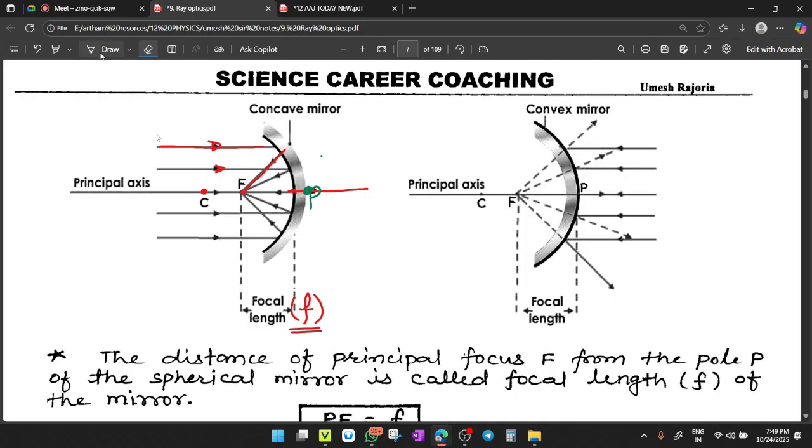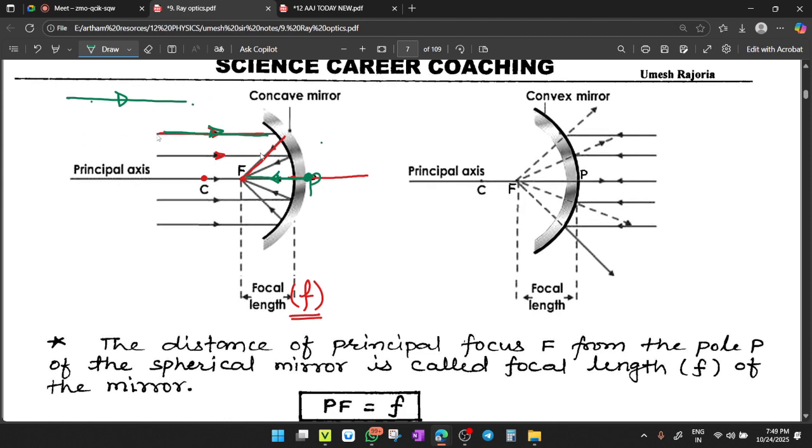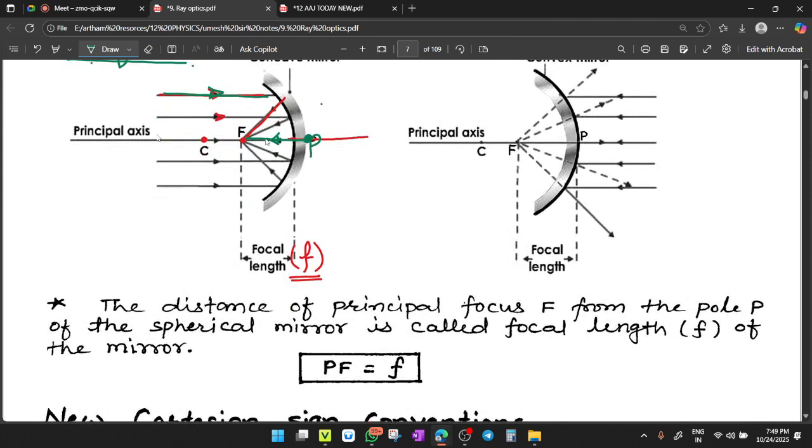But the incident rays are coming rightward. Yes or no? See the direction of the incident ray. This is left to right. But here you have moved right to left. Clear? So when you are tracing in the opposite direction of the incident ray, your direction will be negative. The distance taken will be negative.